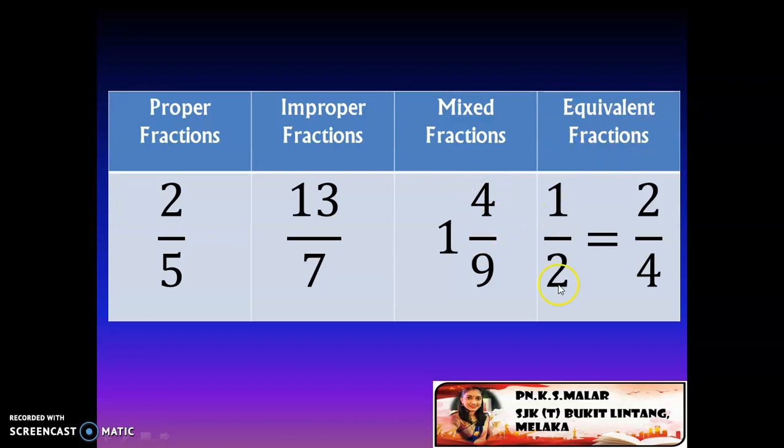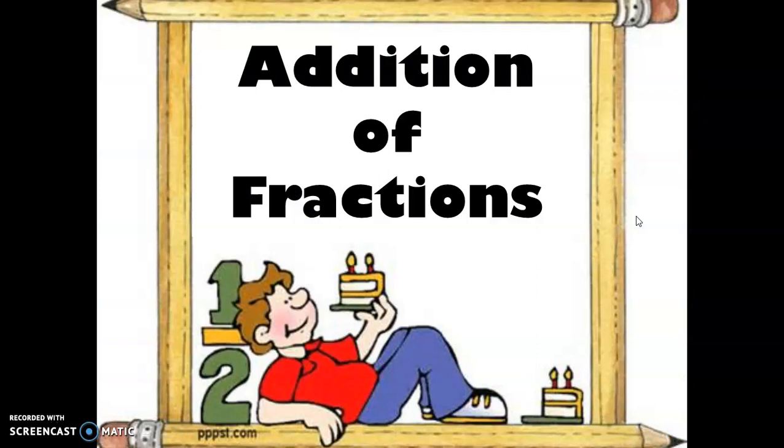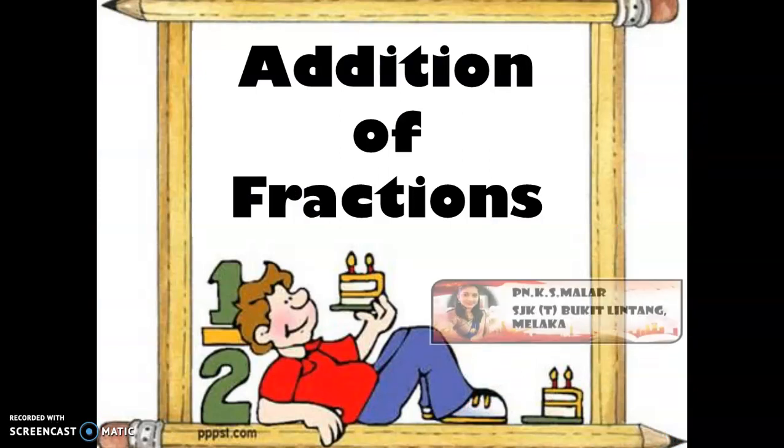Equivalent fraction is when we multiply the numerator and the denominator by the same times table number, we will get the equivalent fraction. But today, teacher is going to teach you addition of fractions.